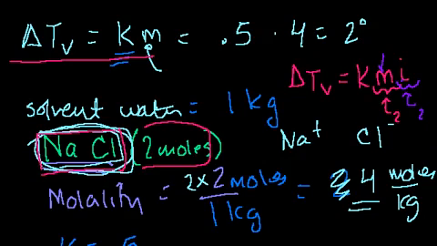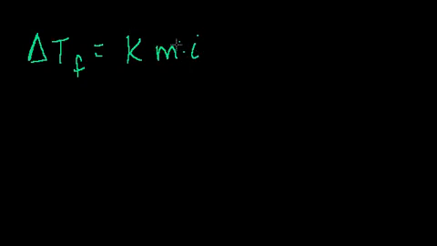Now, freezing point is the same thing. Change in freezing point is also proportional to the molality. And you could either say the molality of the original non-dissociated compound times the number of particles it dissociates into. Although this K is going to be different for freezing than it is for boiling. And of course, this K changes at different pressures and for different substances.